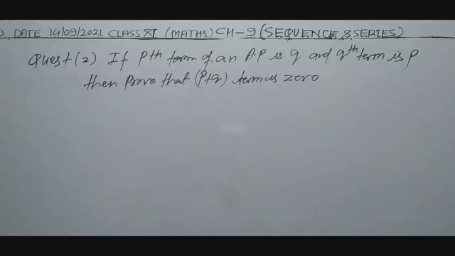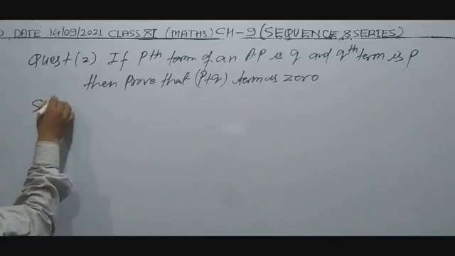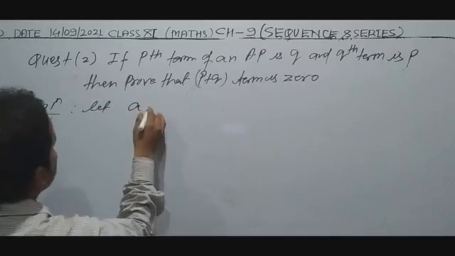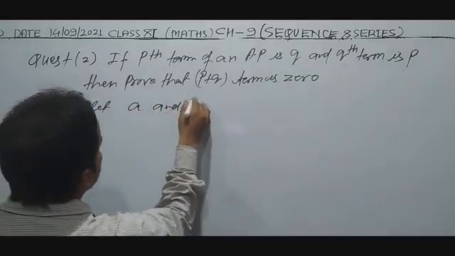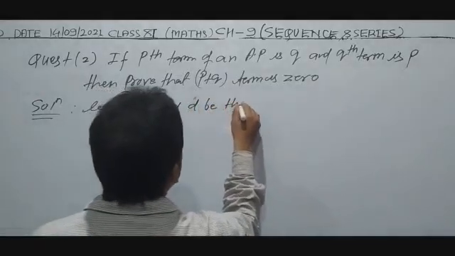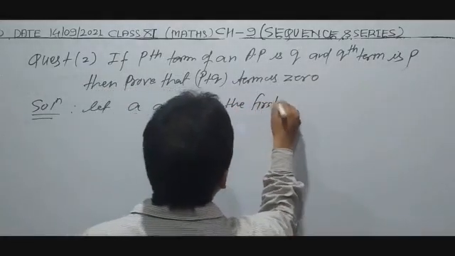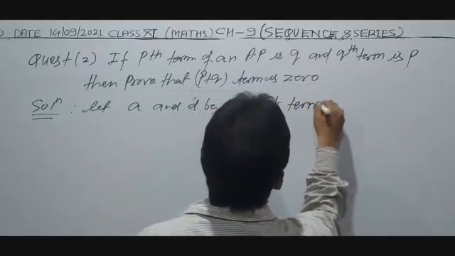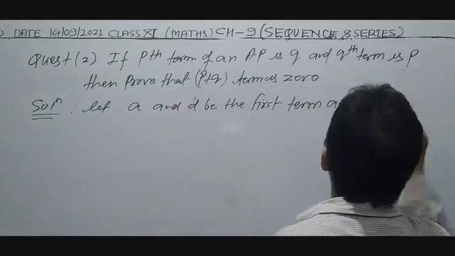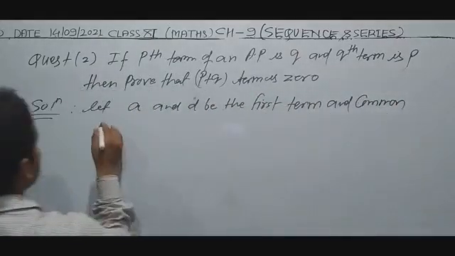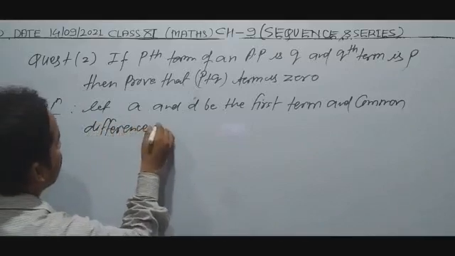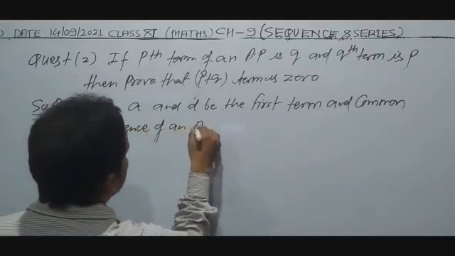Now solution: let small a and D be the first term and the common difference of an AP.